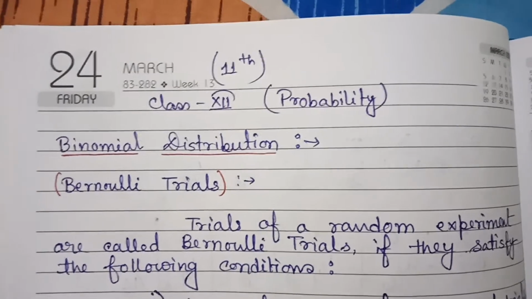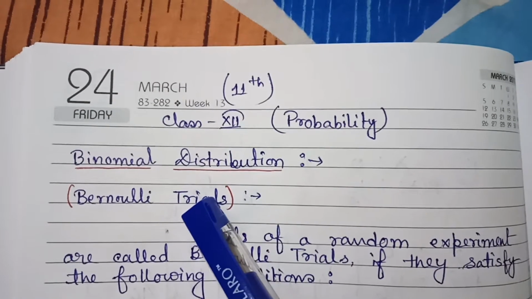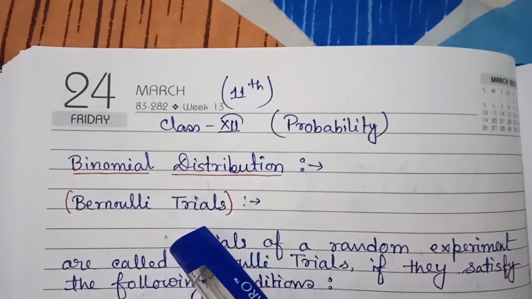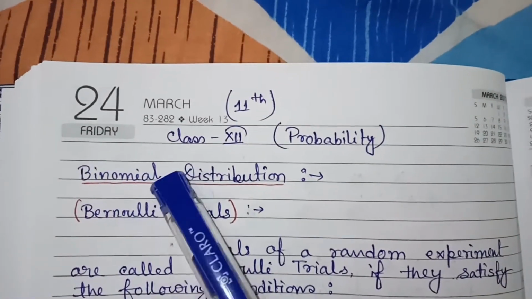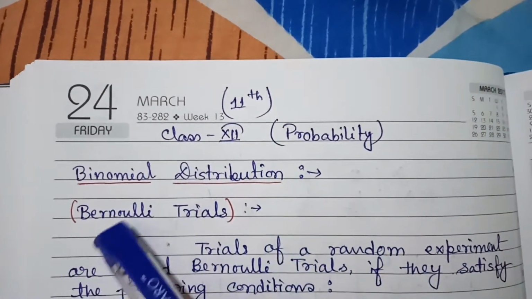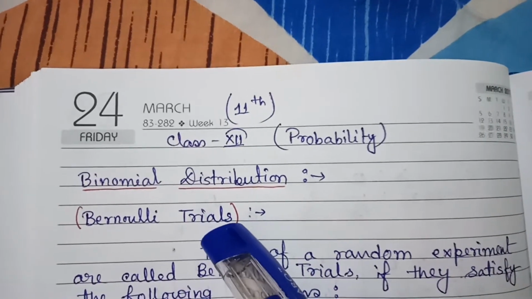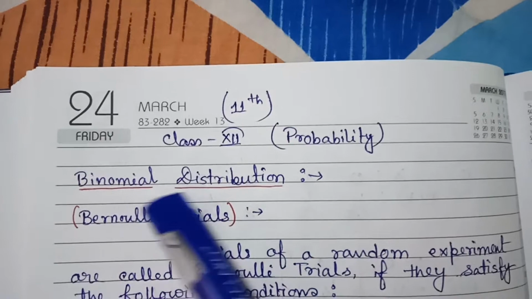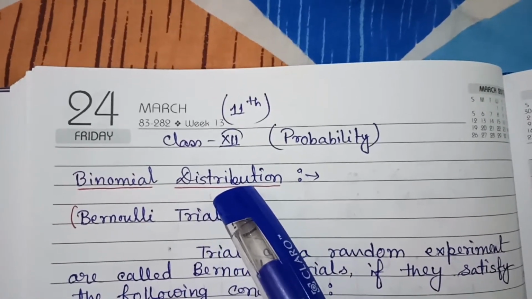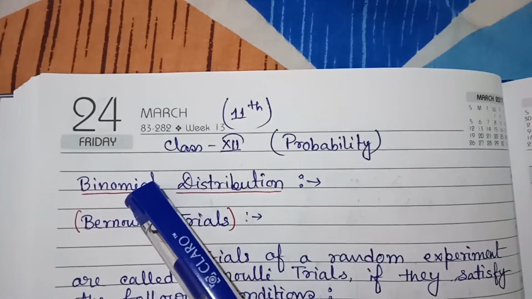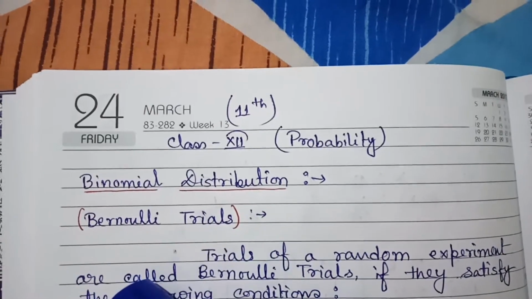Now, Bernoulli trials has not been directly written in the syllabus of class 12, but for binomial distribution, if somebody knows Bernoulli trials, then in my opinion the binomial distribution concept will be more clear. So before we go to this main topic, we will do the topic Bernoulli trials.